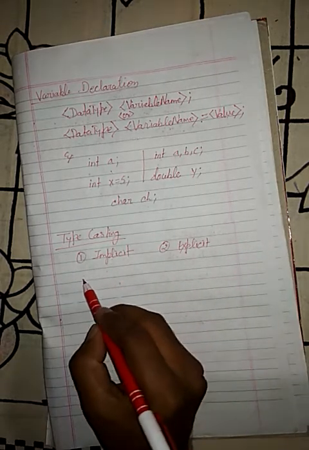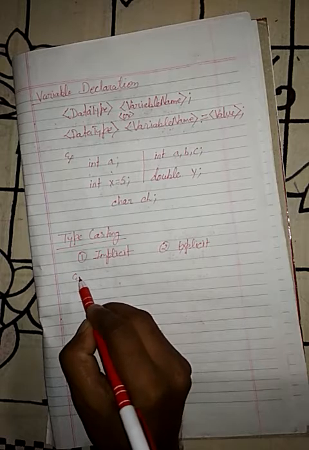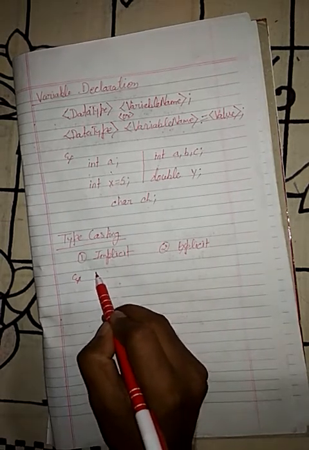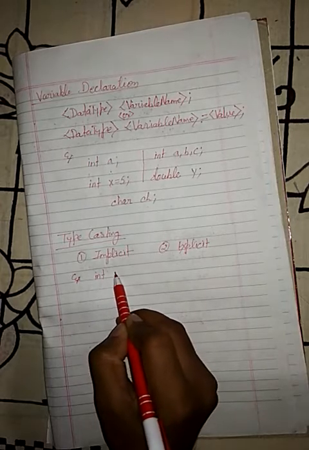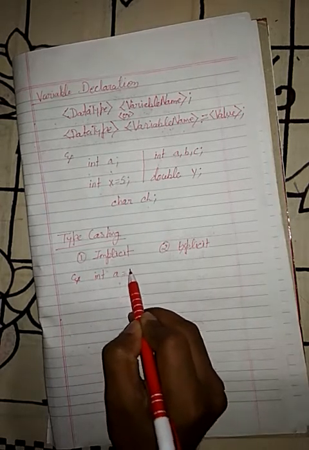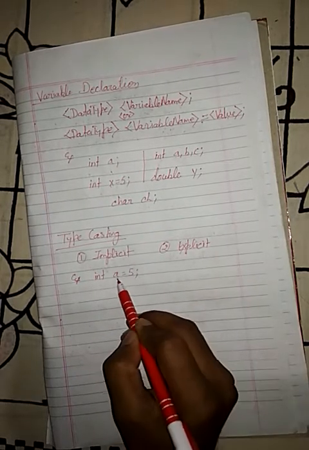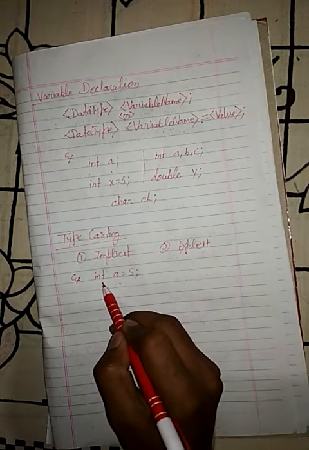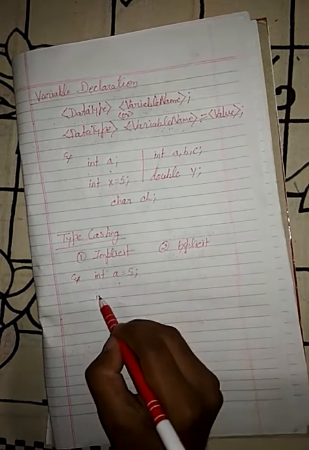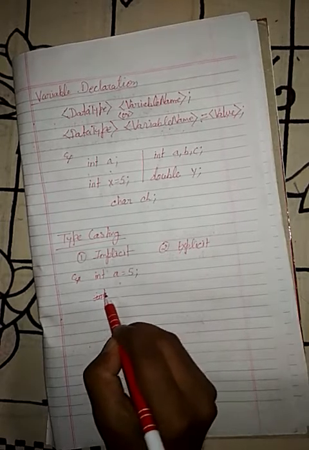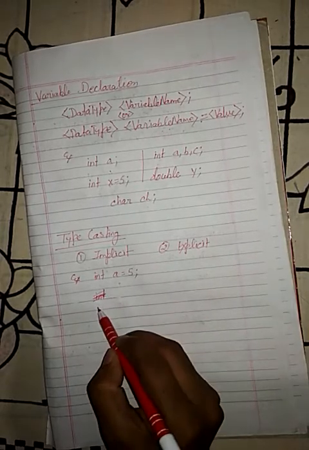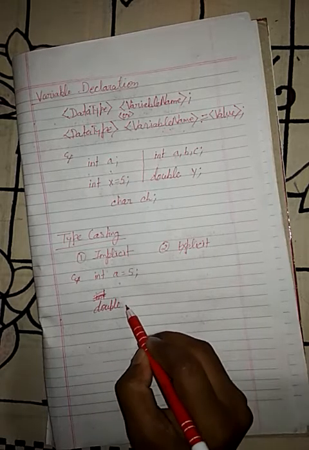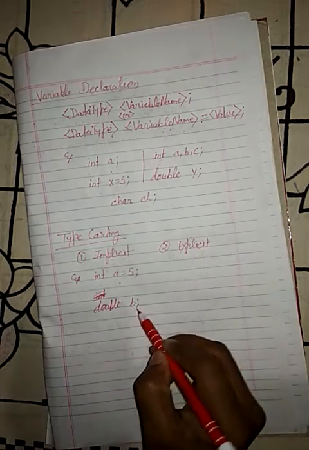How? Okay, let me show you using an example. Suppose I am taking integer a is equal to 5. It means this variable contains 5 of integer type. I am taking another variable of another type, double b.